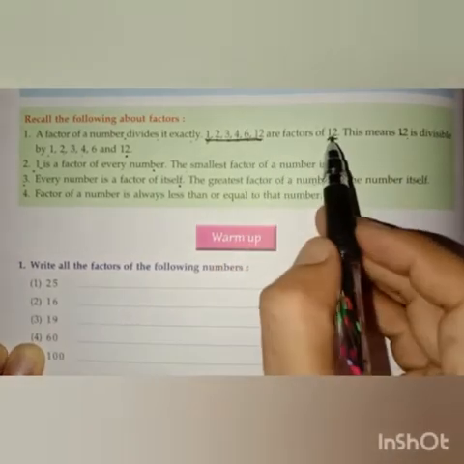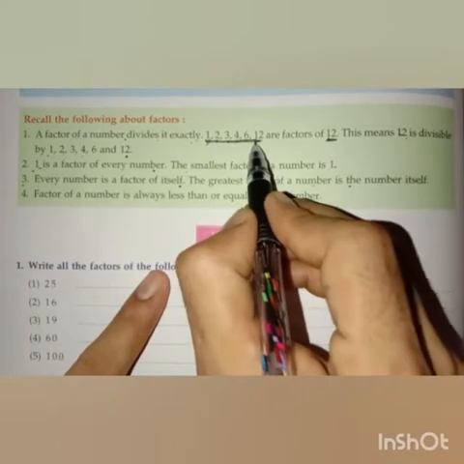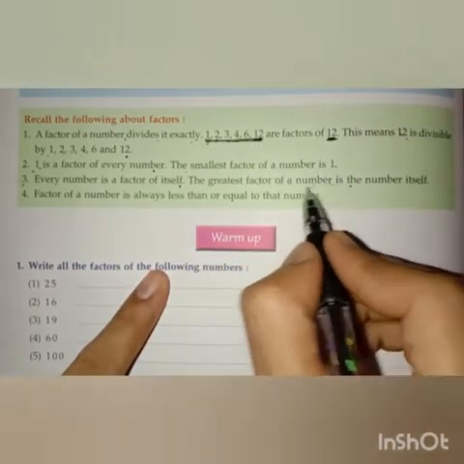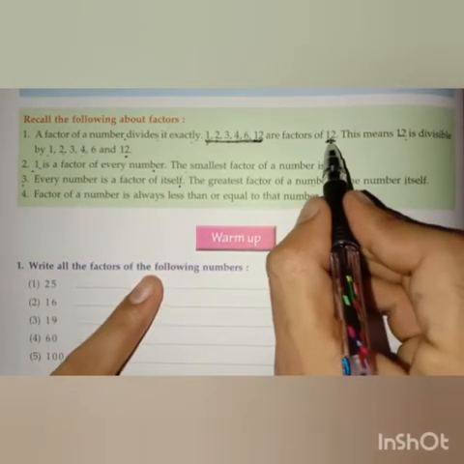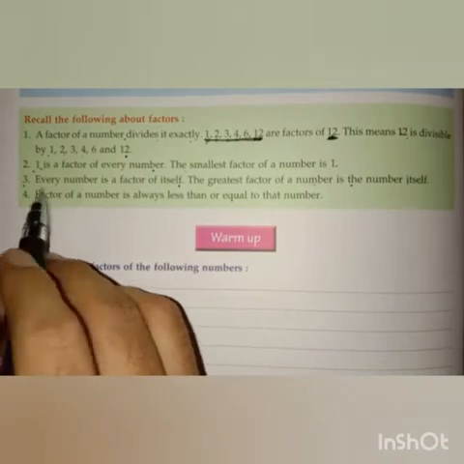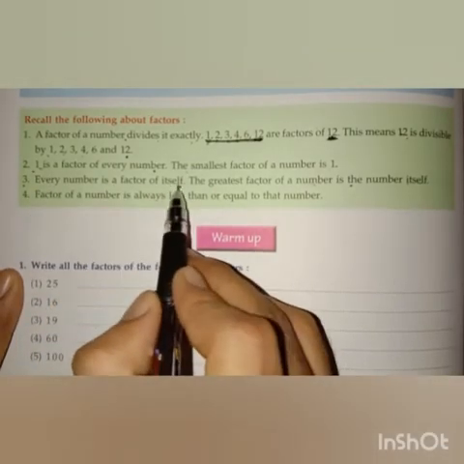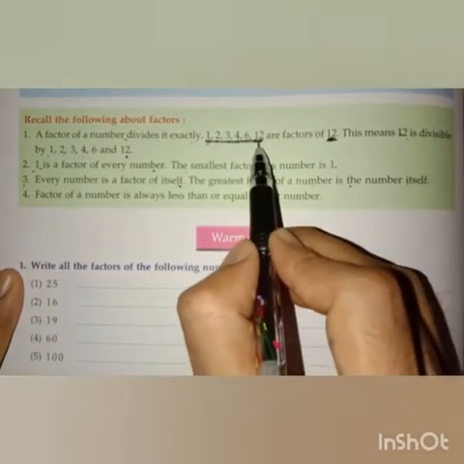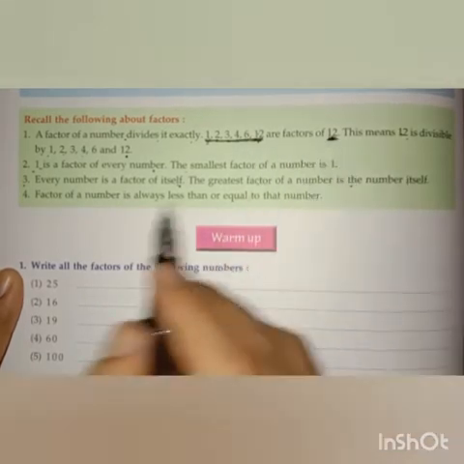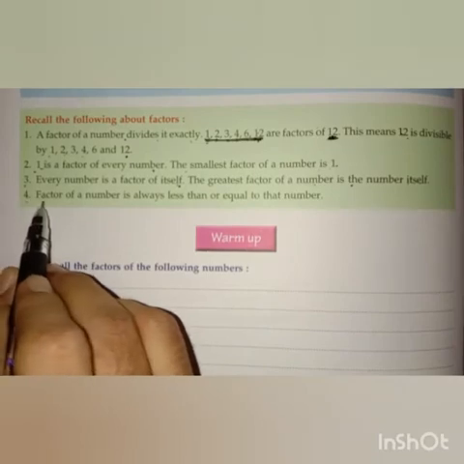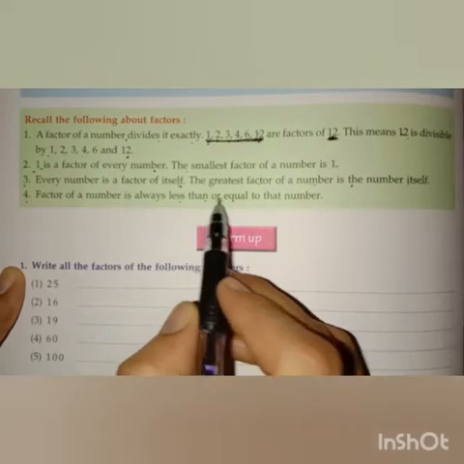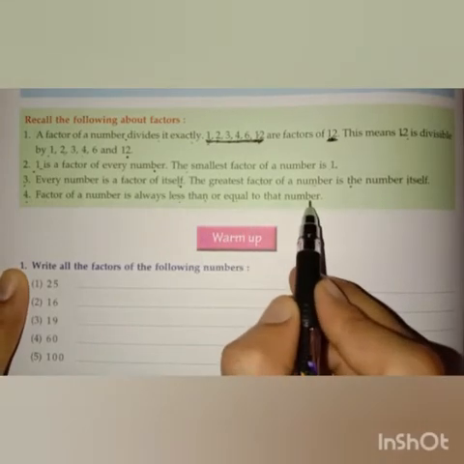For example, see here, 12 is divisible by 12, right? So it is the greatest factor of itself. Every number is a factor of itself, so 12 is also a factor of 12. Next, fourth point, a factor of a number is always less than or equal to that number.